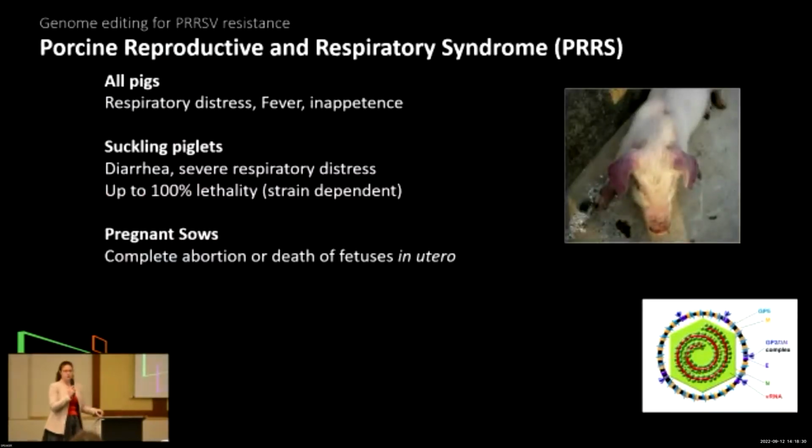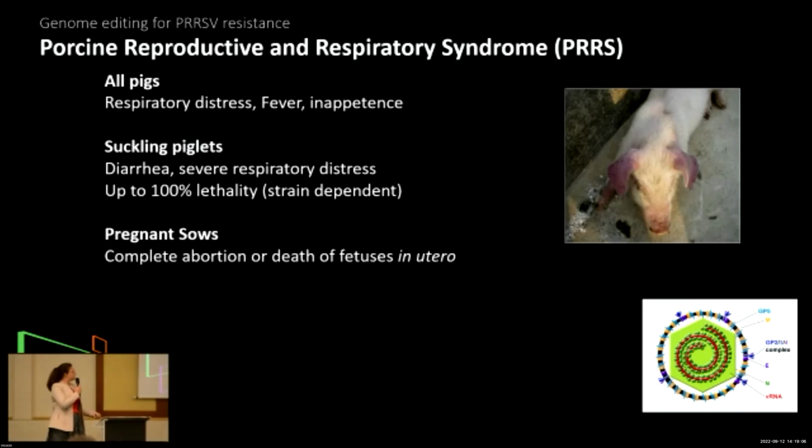So for those who don't know PRRS, or think that is the noise that a cat makes, porcine reproductive and respiratory syndrome, it is a mouthful, so PRRS is much easier. It is a viral infection in pigs that causes respiratory distress, fever, and inappetence in animals of all sizes, but it's particularly important in suckling piglets, where it can lead to up to 100% mortality, depending on strain, but also in pregnant sows, where it can cause complete abortion and death of a fetus in utero.